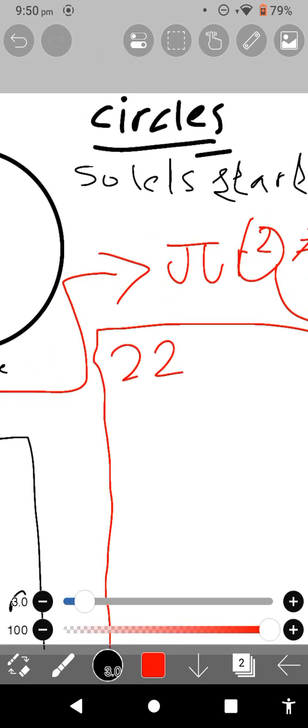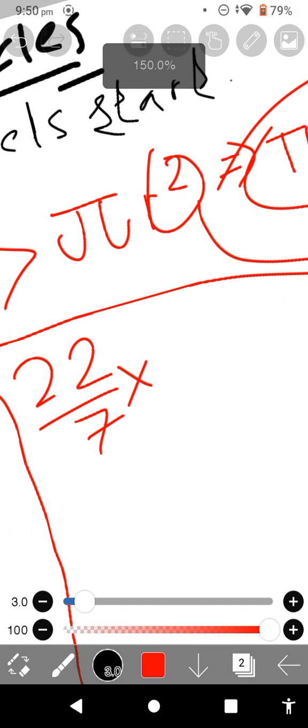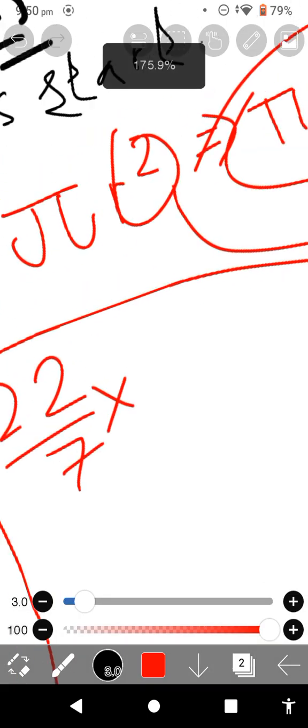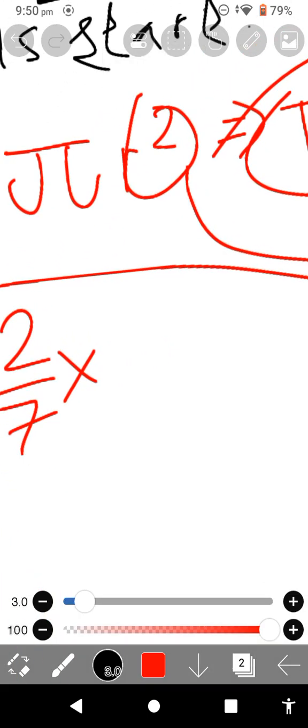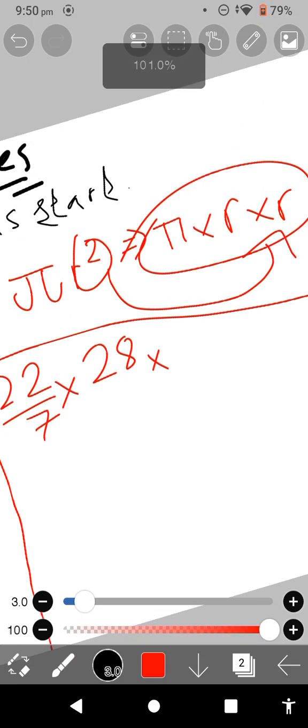22 by 7 into, what should we take as the radius? Let's take an easy question. Let's take 28. And here 28 too. Now we can cut it by 4.